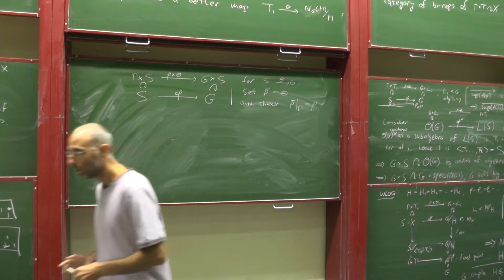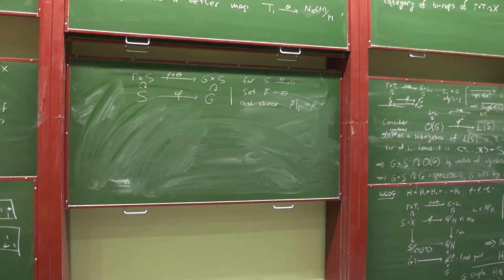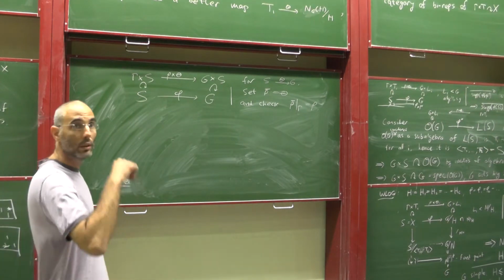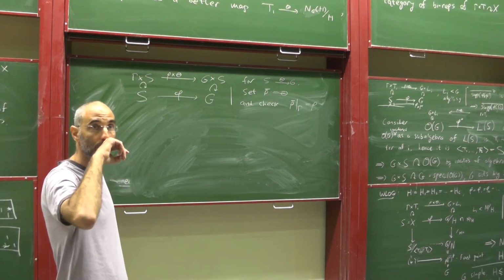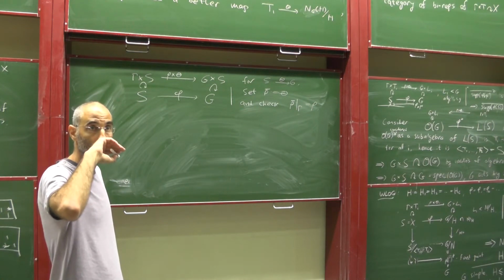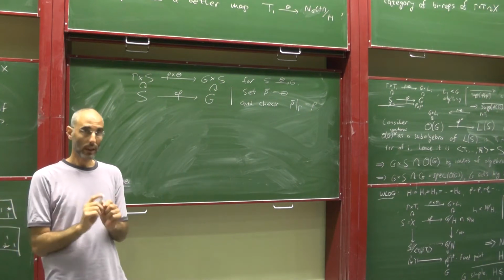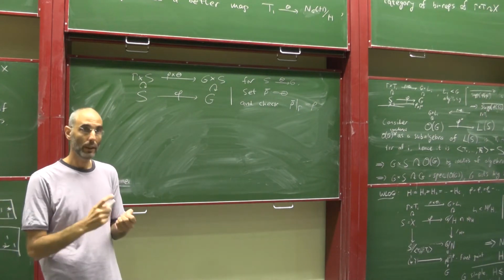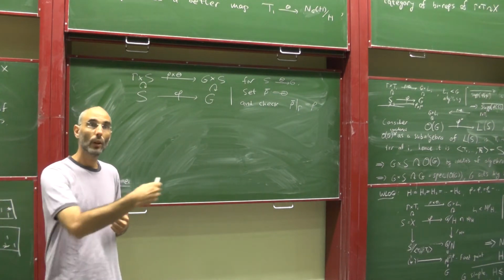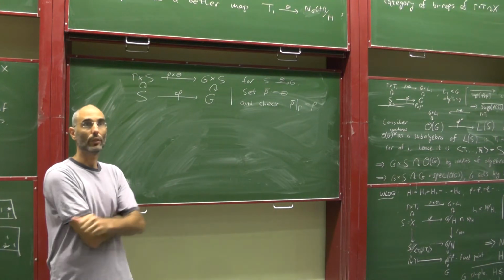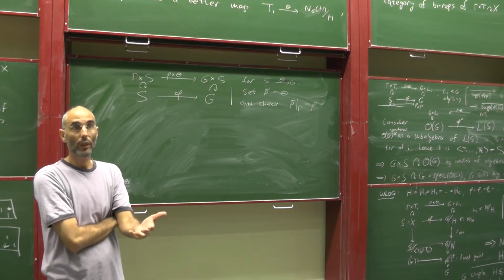Okay, and now, are there any questions about this last thing? Yes. I didn't get really how you got this theta coming from S to G. You said that S acts on the right. Yes. Let me stop it now. Acting on the right on G means that you have a homomorphism from S to the group of right actions on G. And this group is G itself.